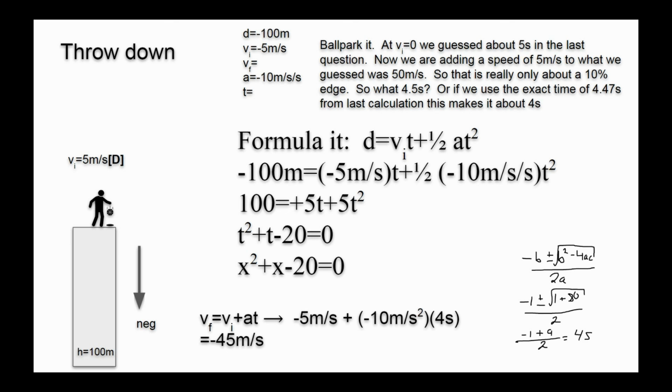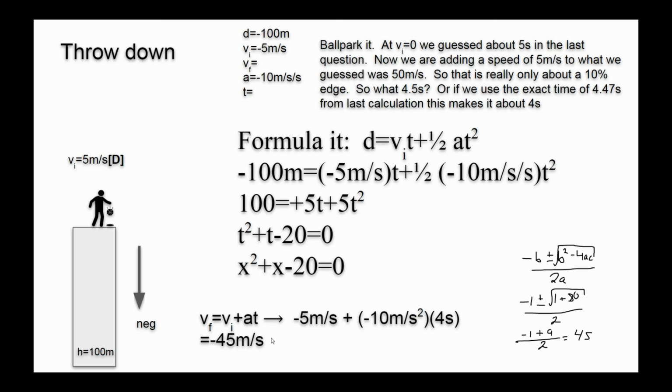And then, knowing the time is 4 seconds to fall, which is pretty much our guess, we can take the initial speed, add what acceleration has added to it, and we get 45 meters per second. Wait, that's barely faster than last time.